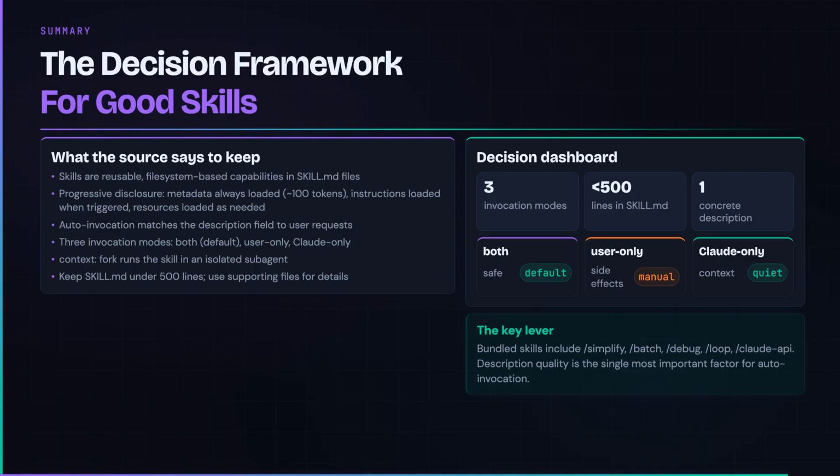Progressive disclosure keeps metadata around 100 tokens, then loads instructions and resources later. Context: fork runs the work in an isolated subagent. Bundled skills include /simplify, /batch, /debug, /loop, and /claude-api. Description quality is the lever that decides whether auto-invocation works.